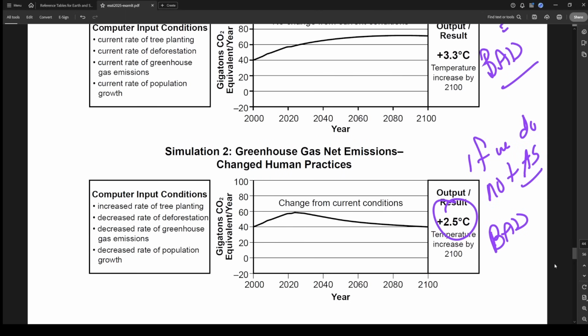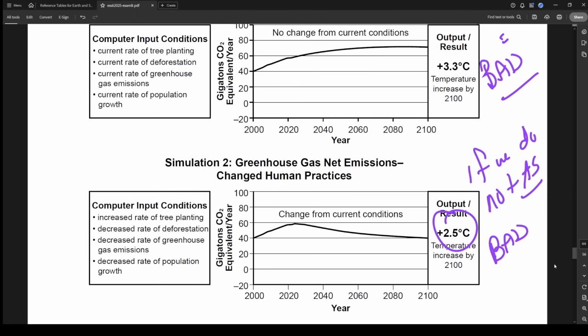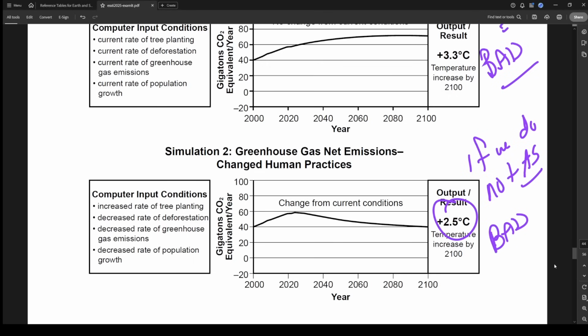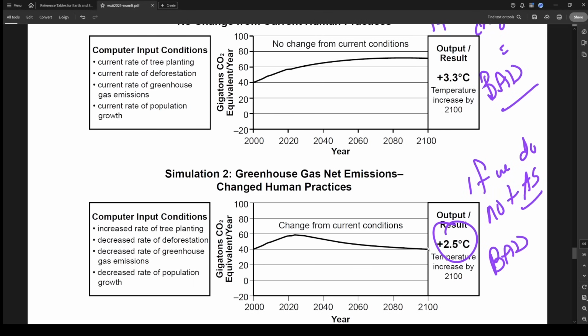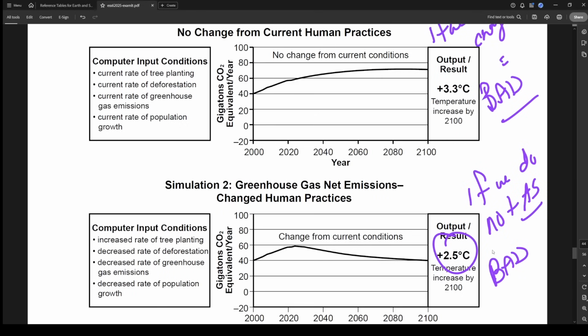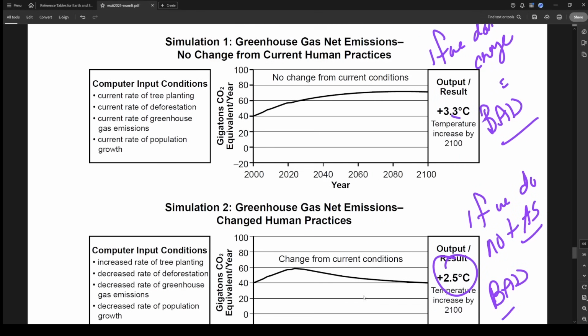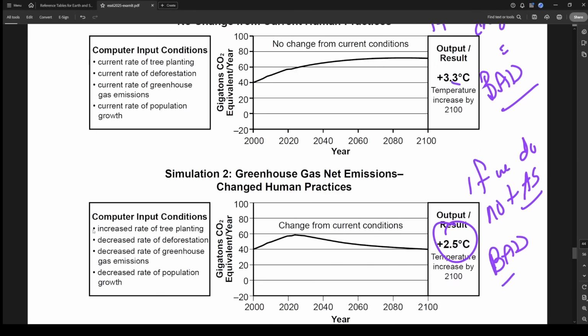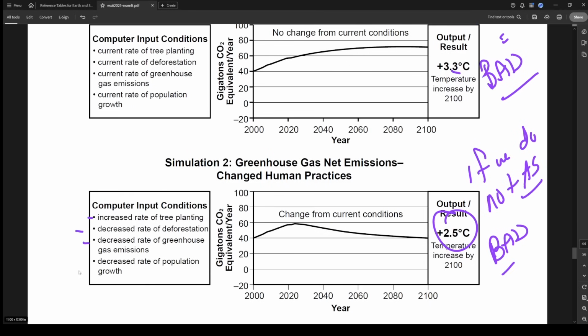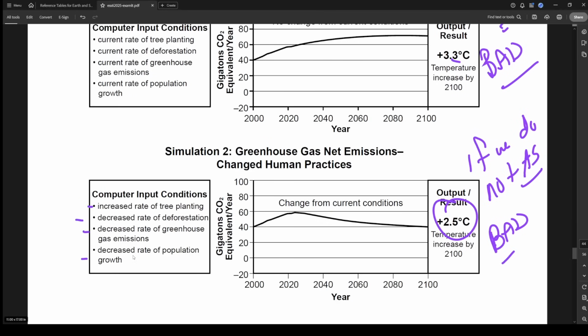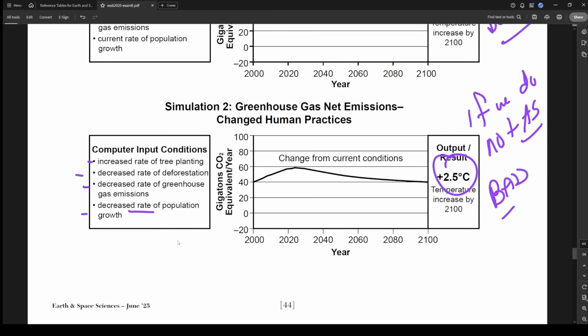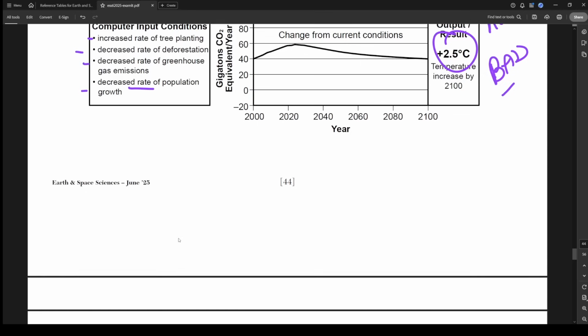So there is a chance that even if we were to perfectly remove every greenhouse gas emission on the whole planet, we were to emit 0, there's still a chance that the Earth would warm. So this is clearly better than this, 3.3 to 2.5. And let's see what we did here. Increased rate of tree planting, decreased rate of deforestation, decreased rate of greenhouse gases, decreased rate of population growth. So it's saying we have to stop having children, or at least have less. So less humans. Okay.